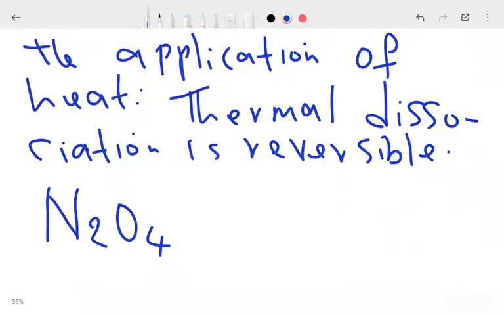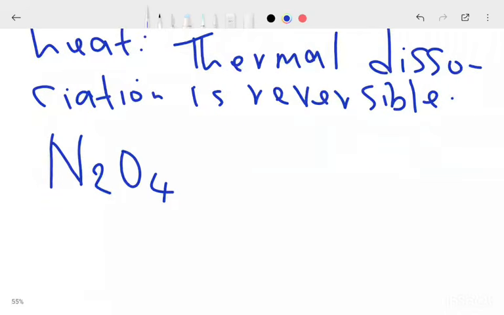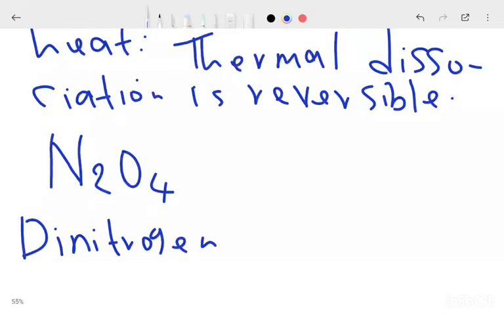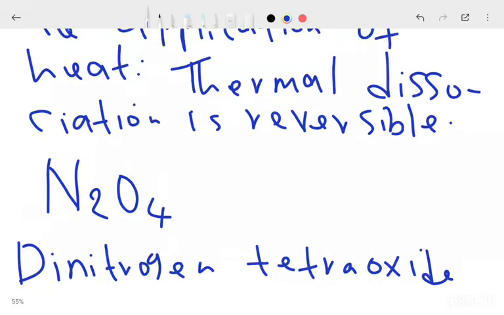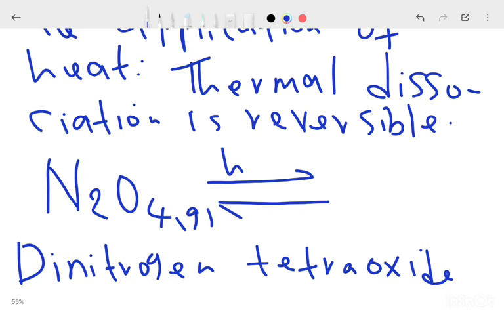Okay. So now example, just write this down. N2O4. What is the name of this compound? Dinitrogen tetraoxide. Let me just write it out. Dinitrogen tetraoxide. Now take note, it's a gas, so we have forward. We said it is reversible. So we have this is heat.